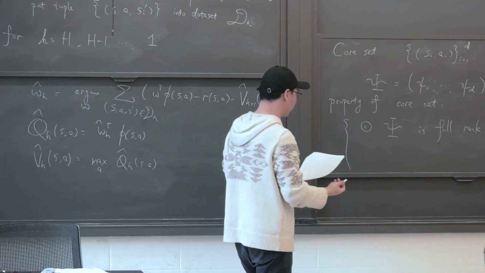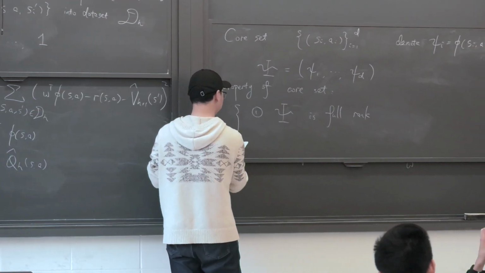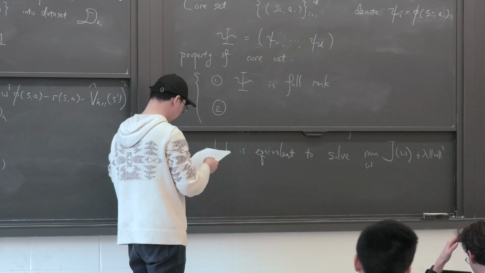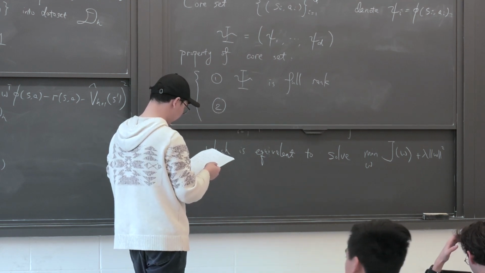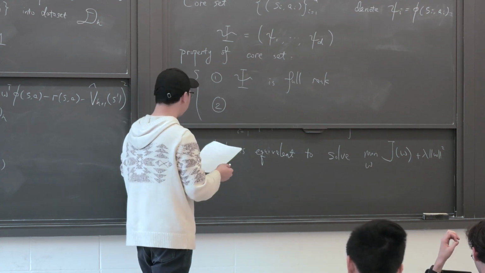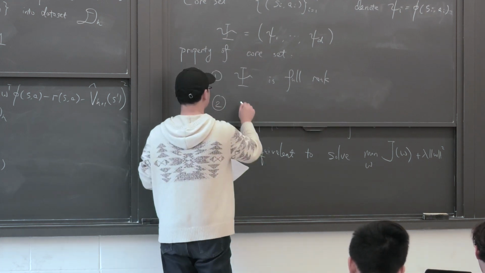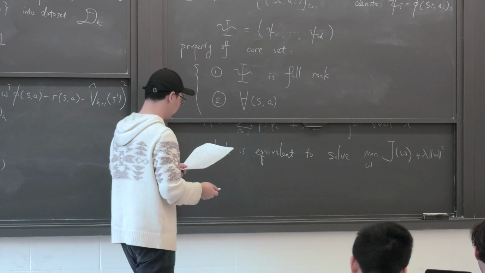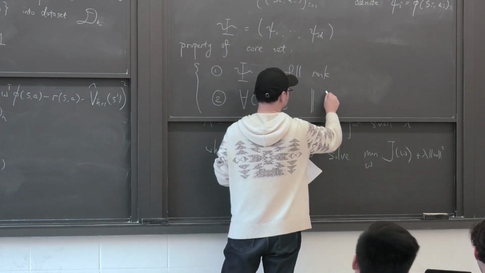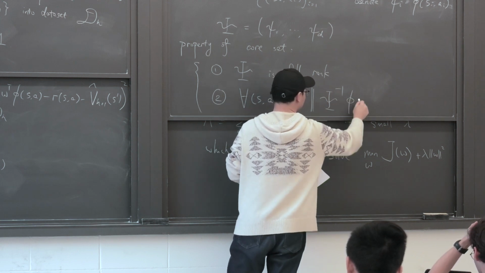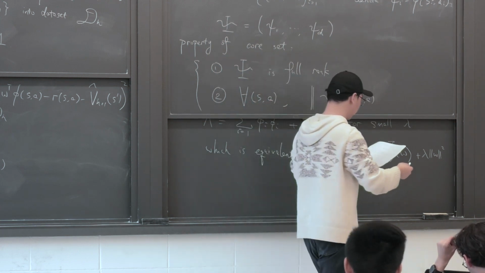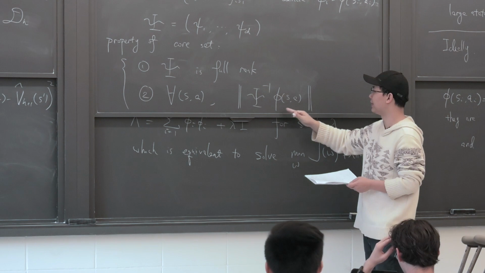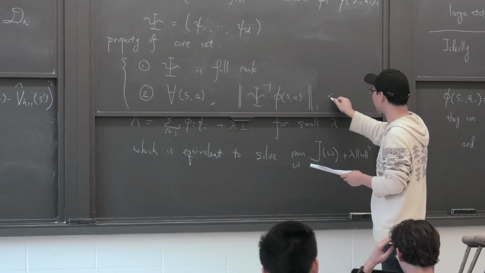It doesn't leave out any direction. And the second important thing is we require that for any feasible state action pair s, a, Psi inverse times phi(s,a) — a matrix times a vector, so it ends up as a vector — has a one norm upper bounded by L.